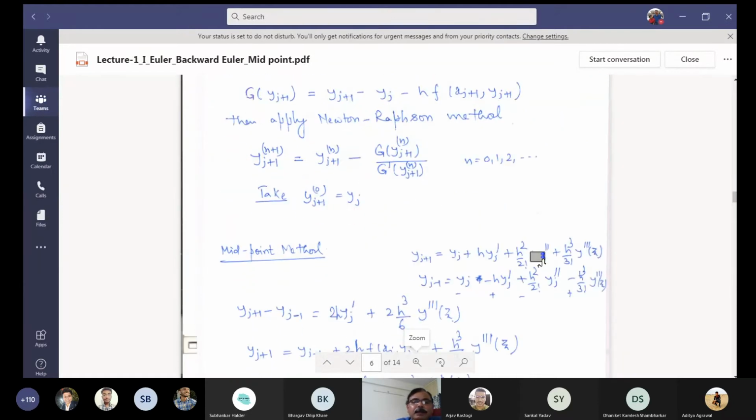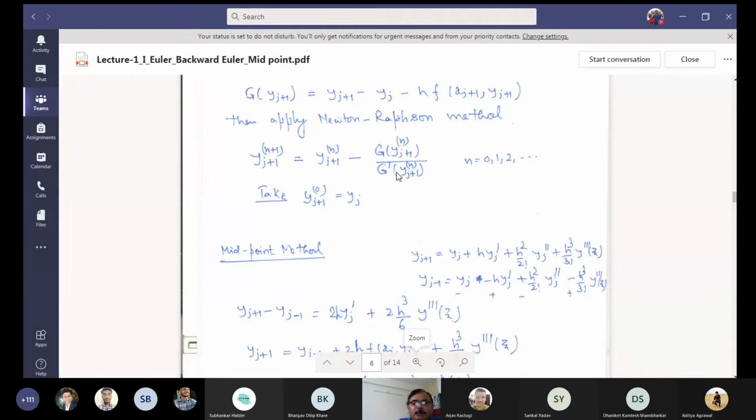If we see the Newton-Raphson method, it will be yj plus 1 with superscript n plus 1, the n plus 1th iteration, equals, just like you write what is your Newton-Raphson method: xn plus 1 equal to xn minus f of xn by f prime of xn, right? F prime is with respect to x because it was a function of x.